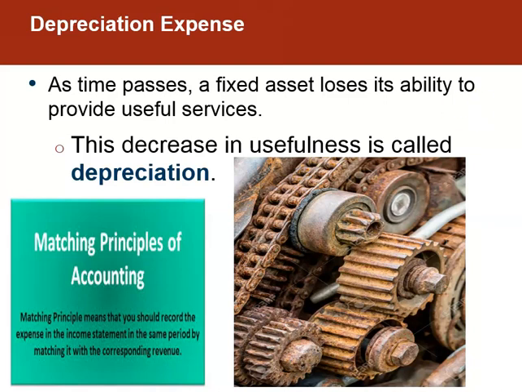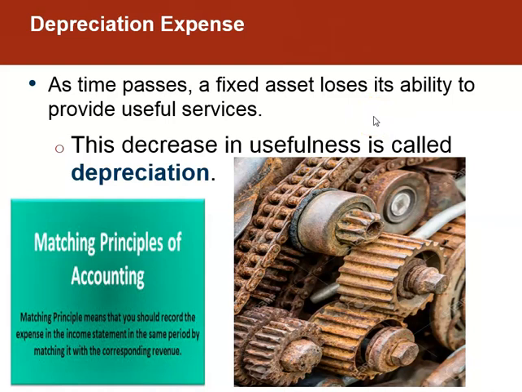So whenever we say as time passes, a fixed asset loses its ability, another way to put this would simply be that over time, from day one, the clock is ticking. If we're going to get about 5 years use out of it, it's not that there's any discernible difference between that asset when it's brand new and when it's a month old. It's just that we know that overall we're going to have to use it for a certain amount of time. So whatever we paid for it, we're going to depreciate it over that period of time, whether it's 5 years, 10 years, whatever the situation calls for.